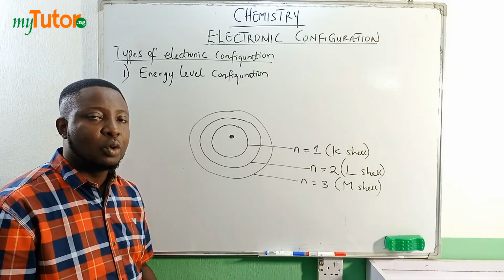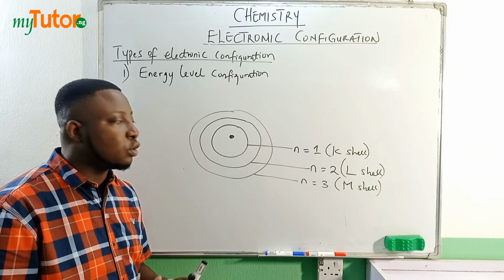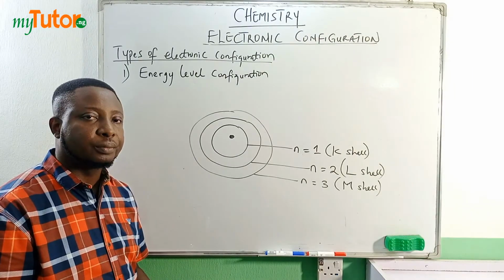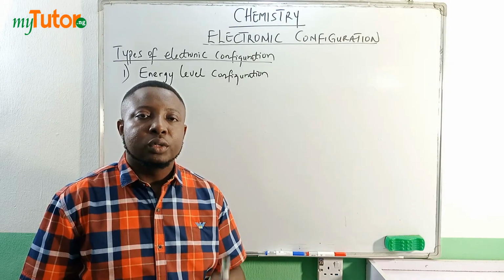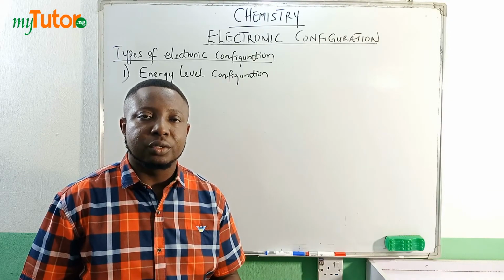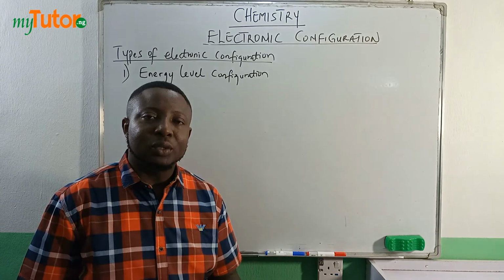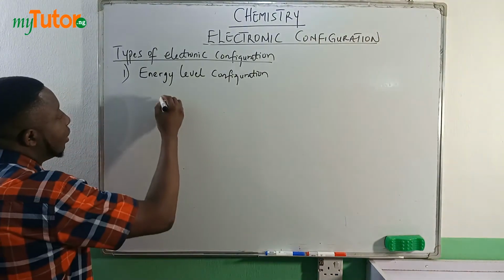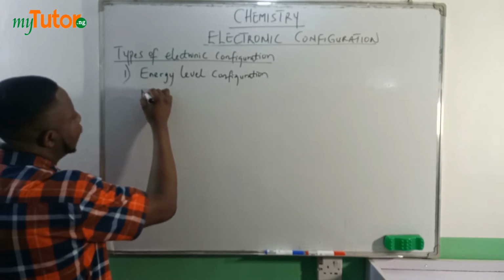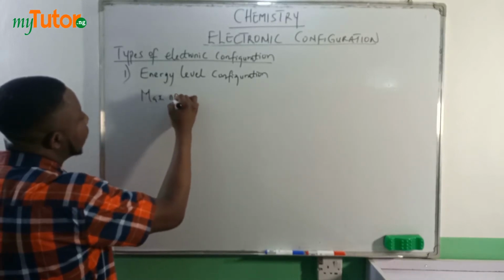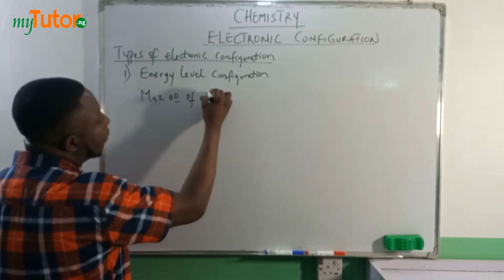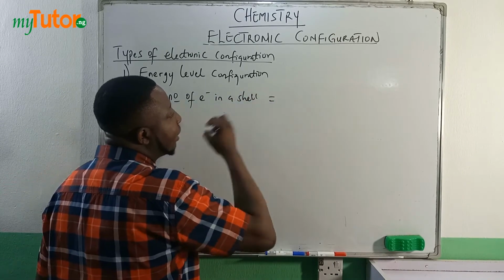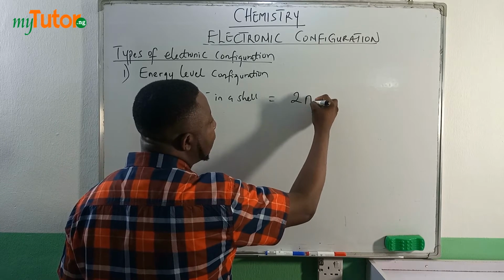In this type of configuration, we're discussing how the electrons are arranged around each energy level of an atom. We want to see the arrangement of electrons around each energy level of an atom. To determine the maximum number of electrons in a particular energy level, we will use the formula: the maximum number of electrons in a shell is given by 2n^2.